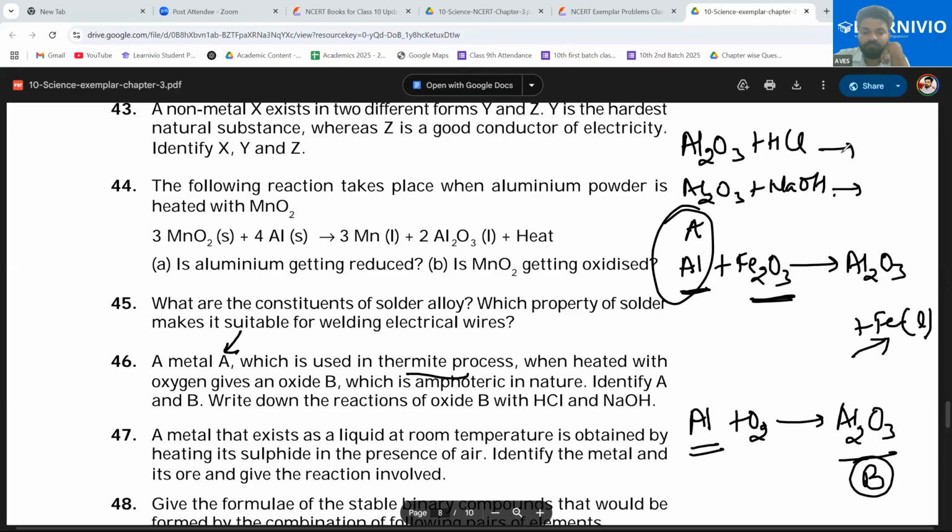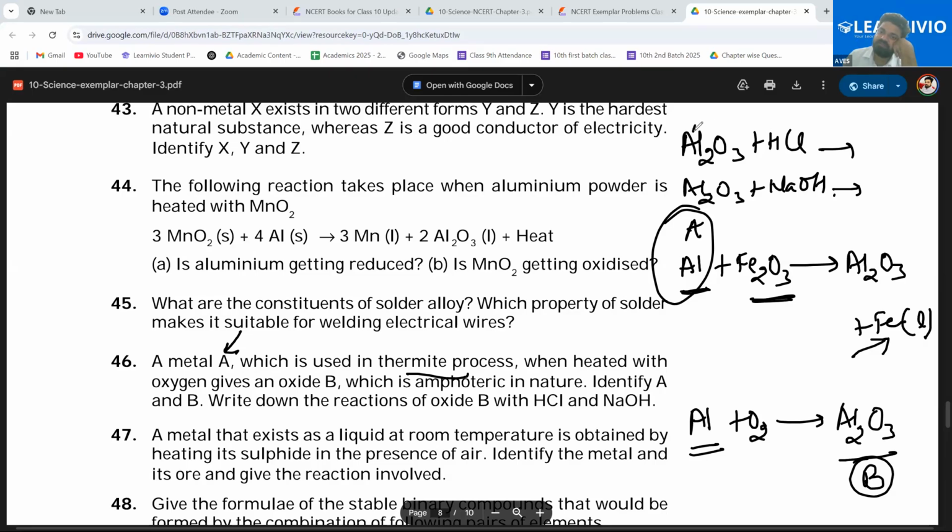Done. Reaction of aluminum oxide with HCl and NaOH. It is very simple.